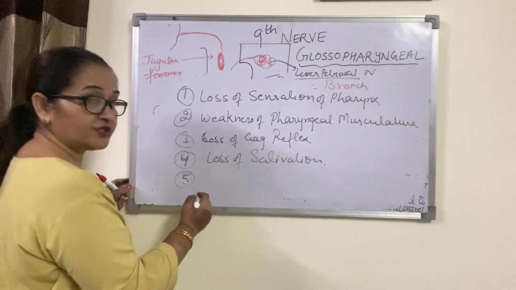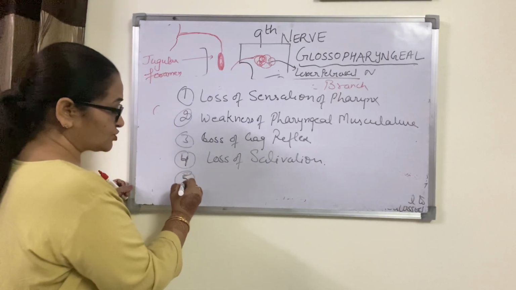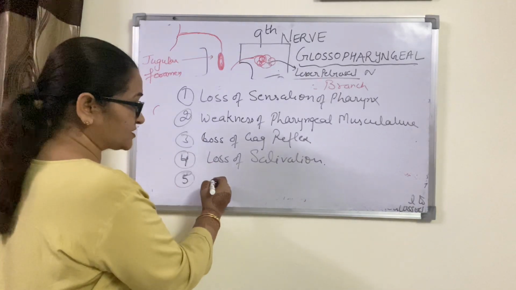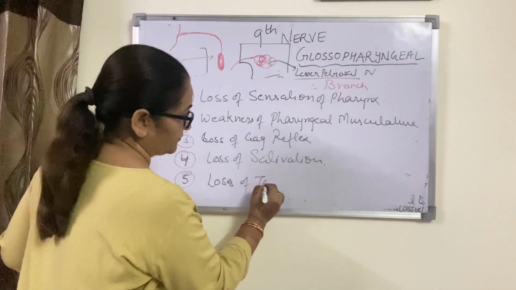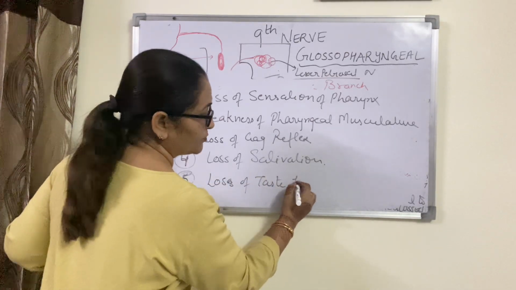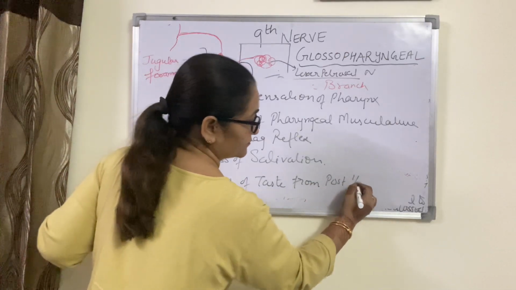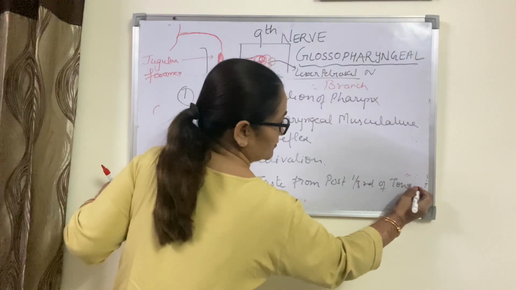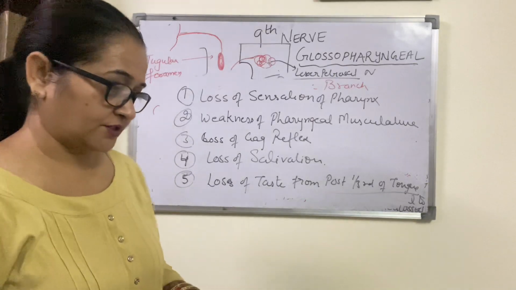Because the posterior one third of the tongue gives taste sensation to the glossopharyngeal nerve, and that takes those fibers to the higher center, there is loss of taste from the posterior one third of the tongue. So this is all about the applied aspect of this.